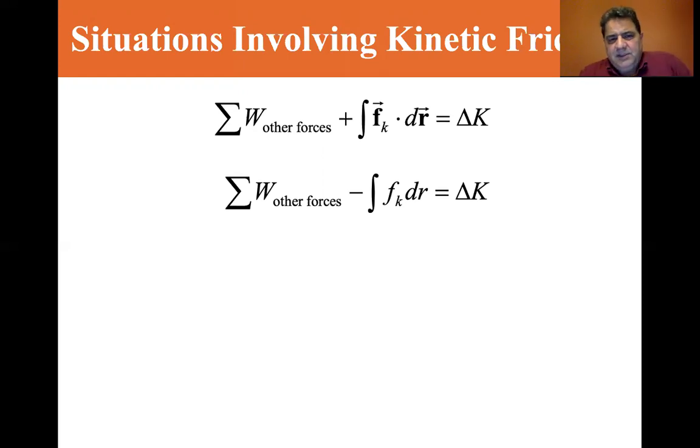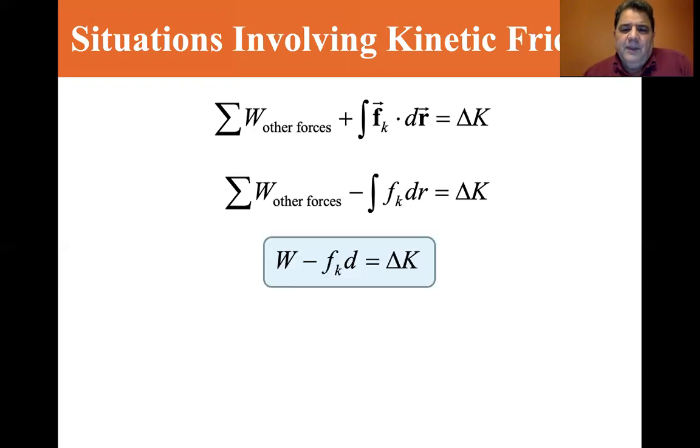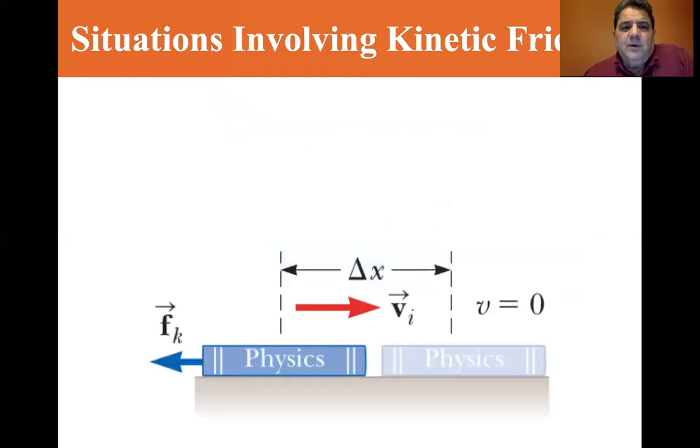And that's why this integral becomes negative f_k d. So the work minus f_k d equals delta K. So the change in kinetic energy plus the change in internal energy equals 0.